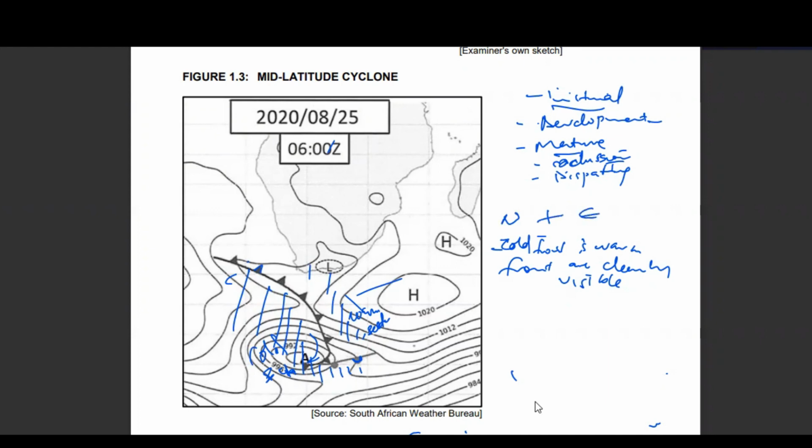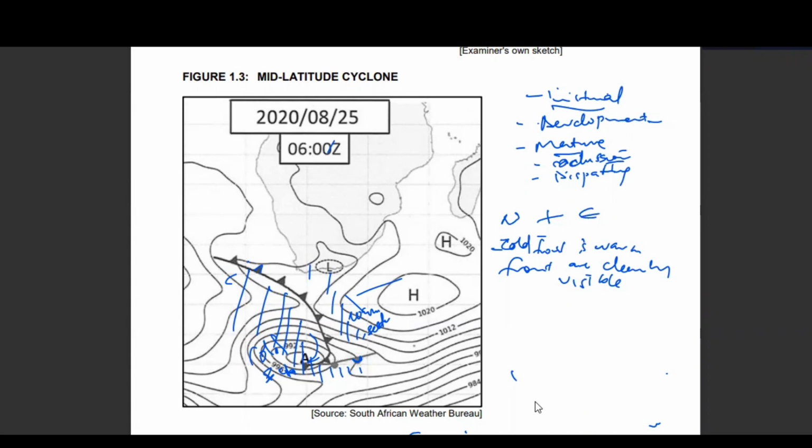Because it is part of the westerly belt. Among other characteristics, you can talk about the date, which clearly indicates that it's winter, because August is not yet summer. So the date indicates that it is a cold front.